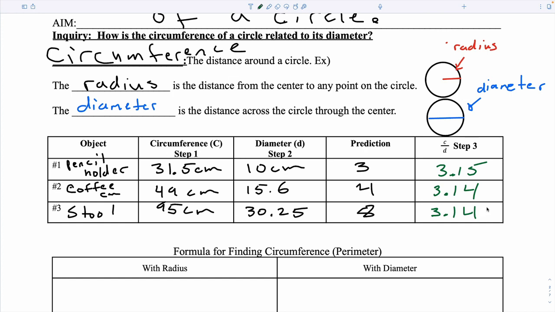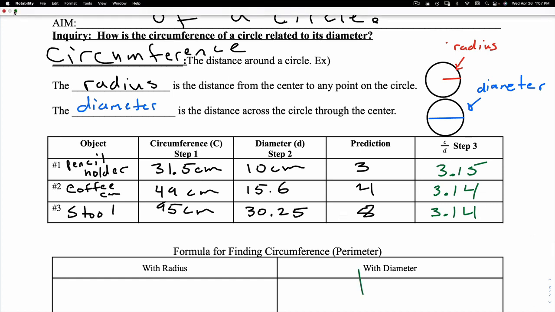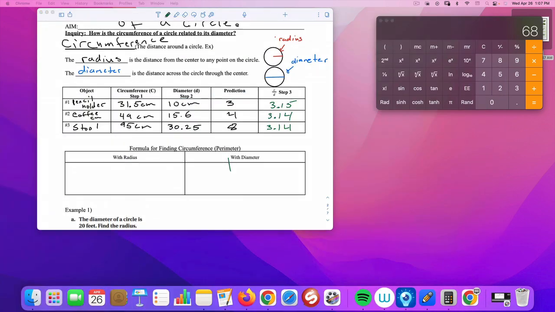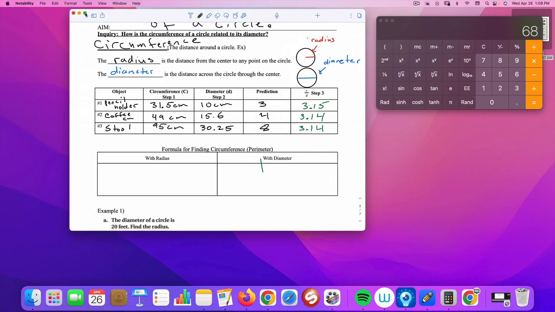You just found something really important. Okay, so what you just found was something really important in math.